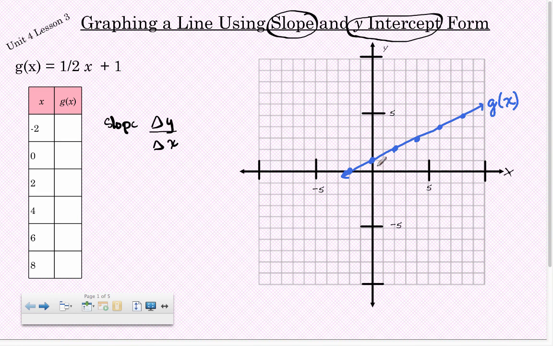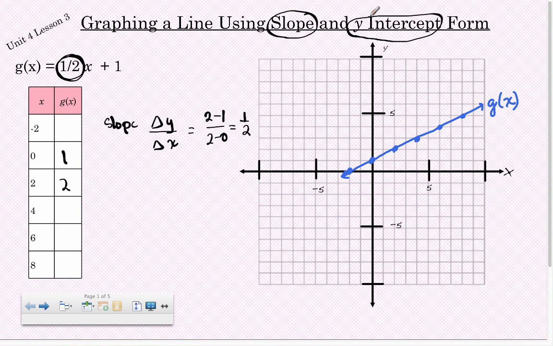So for example, if I pick my easy point right here of 0, 1, and I'll take the point of 2, 2, if I were to figure out the slope, the change in y's, 2 minus 1, over the change in x, 2 minus 0, gets me 1/2. Does that look familiar? There you go. And I could have done that with any one of my points.